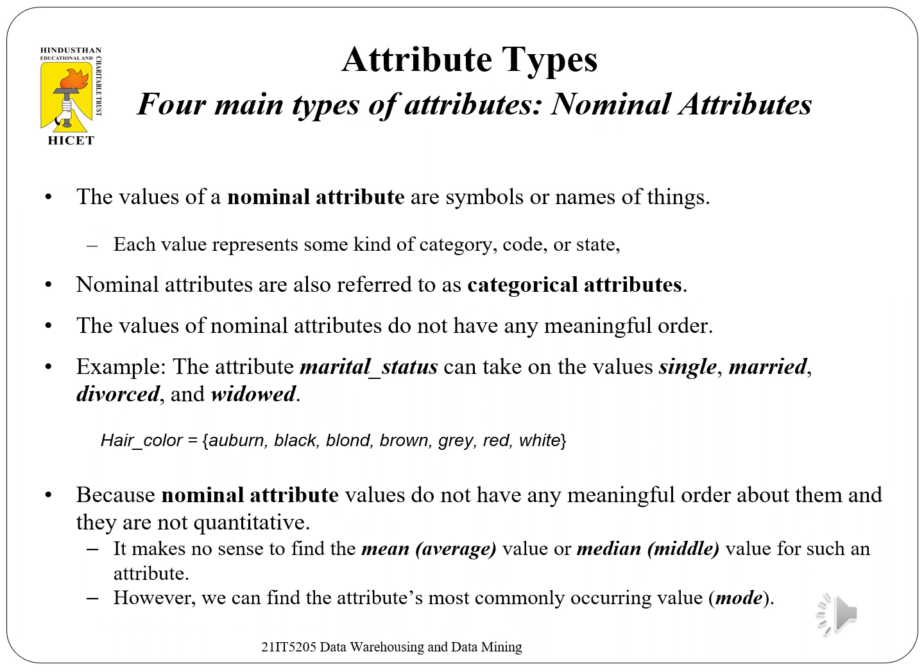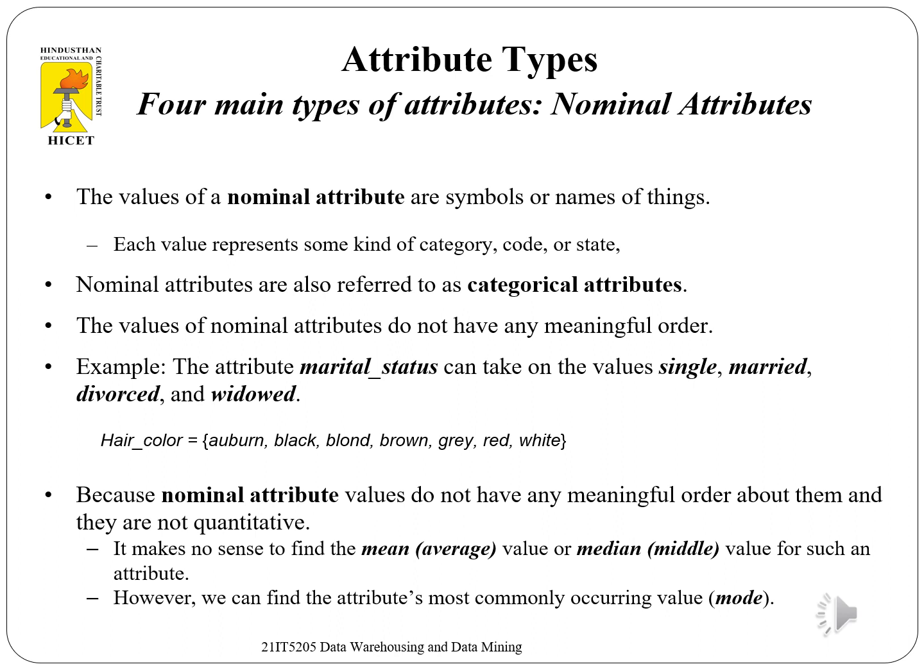Let us see the first type of attribute, the nominal attribute. The values of a nominal attribute are symbols or just the names of things. Each value represents some kind of category, code, or state, and nominal attributes can also be referred to as categorical attributes. These attributes do not have any meaningful order.